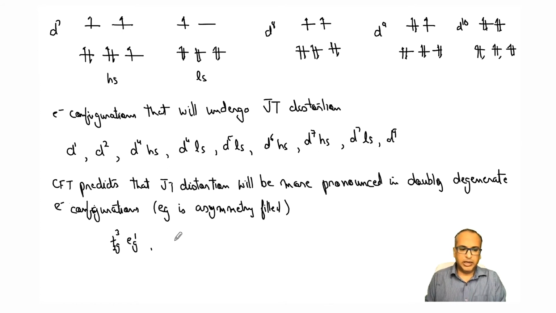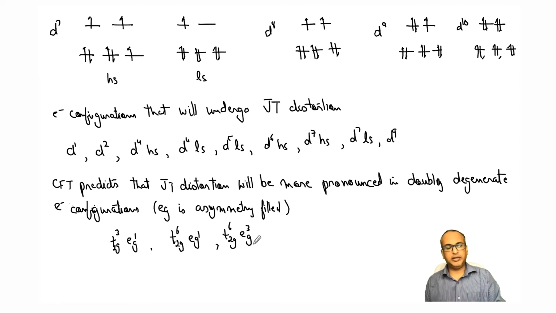Then similarly, T2G fully filled and EG half filled, and T2G fully filled and EG 3/4 filled. So these are doubly degenerate configurations, and the distortion will be higher in these cases.